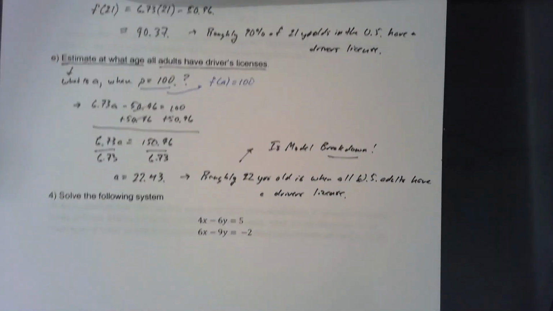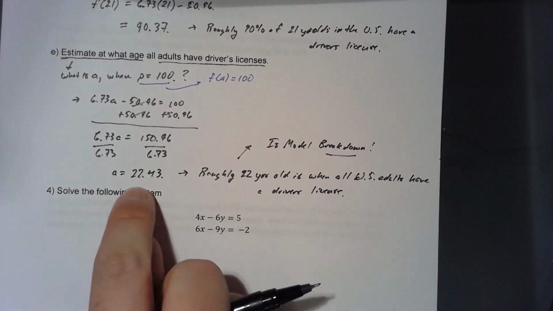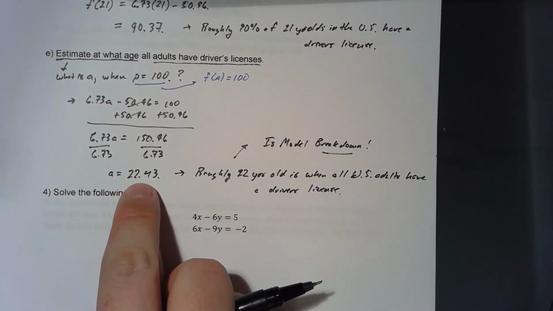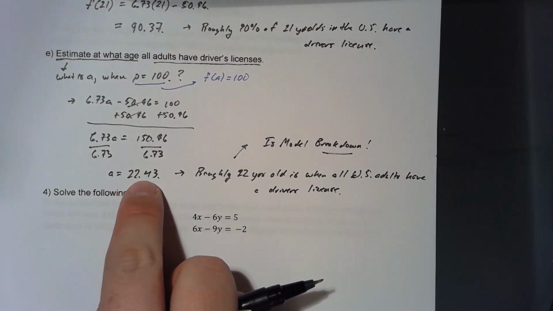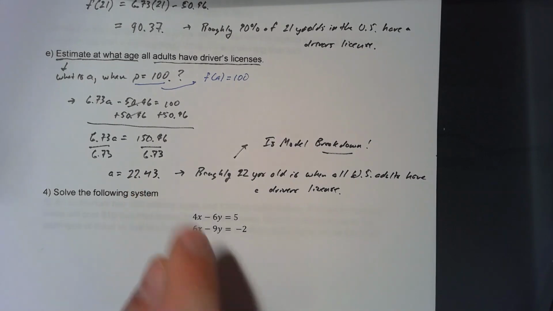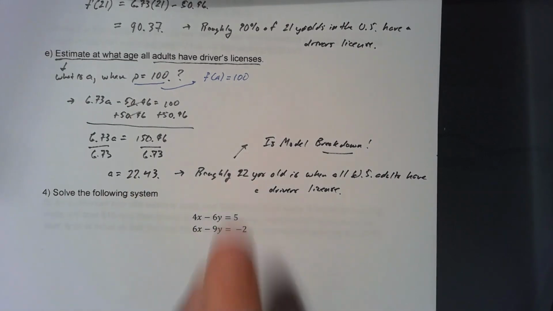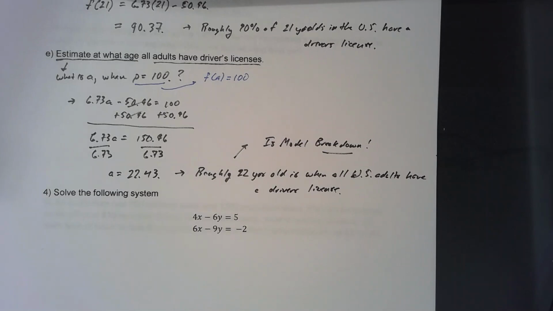And why is it model breakdown? Because, you could probably do research. I'm sure there's definitely 22-year-olds out there that don't have a driver's license. I mean, just off the top of my head, I could think of a few people who are in their 30s that don't have a driver's license. So obviously, not every 22-year-old has a driver's license in the United States.